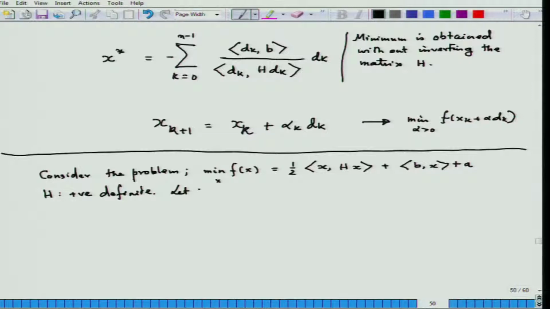Let x naught be an initial guess point, initial guess solution.